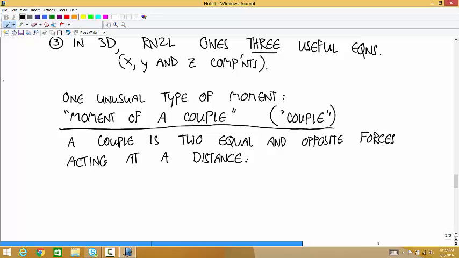And the surprising thing about a couple is when you have this situation, you don't just have one force vector F. You have a force vector F acting here, and then a force vector negative F acting here. The dependence on the about point drops out. And so the moment produced by a couple doesn't have anything to do with your choice of about point.